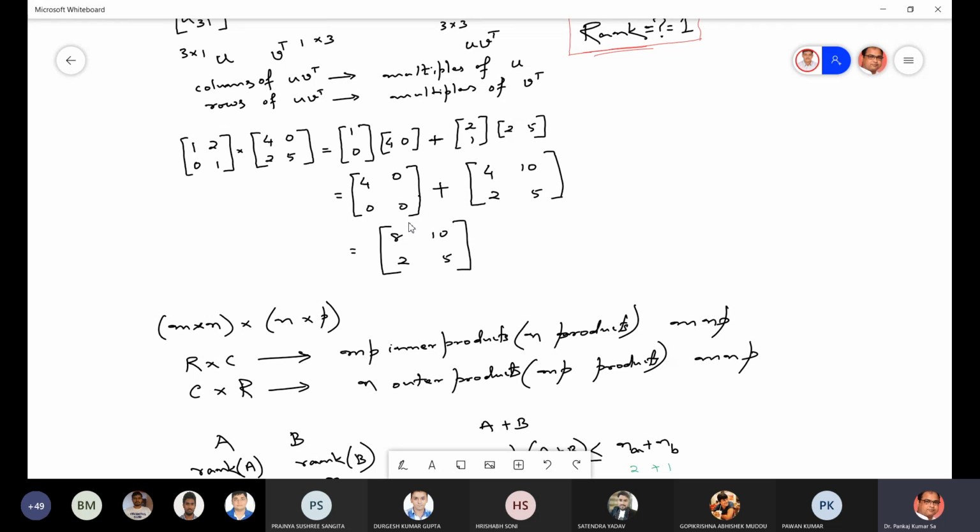We can easily eliminate any redundancy in the matrices. Redundancy would be a new term for you here. We'll talk about this later. That is what the takeaway is with rank 1 matrices.